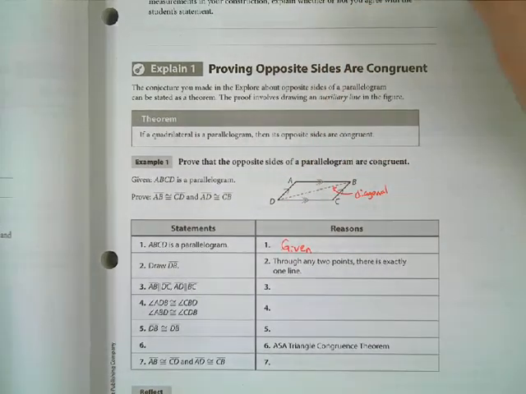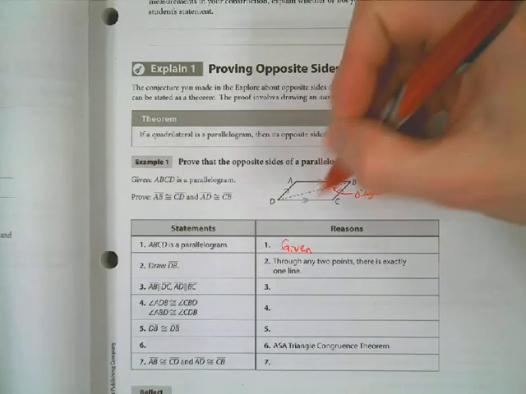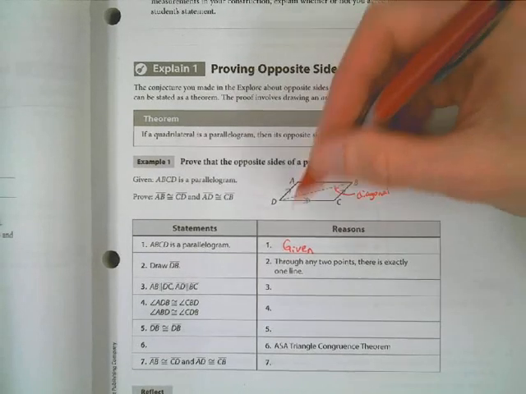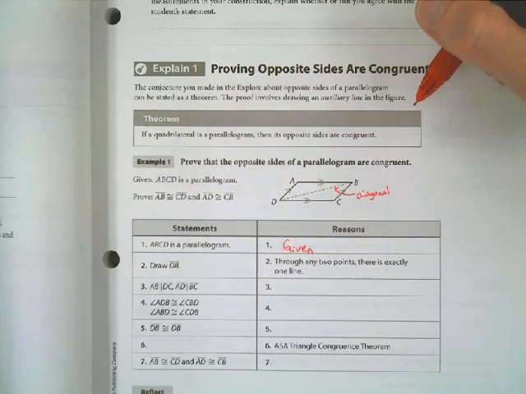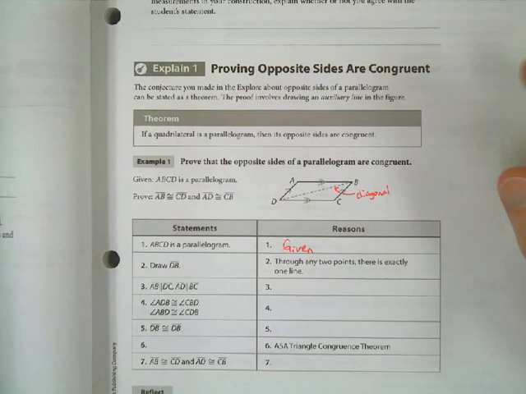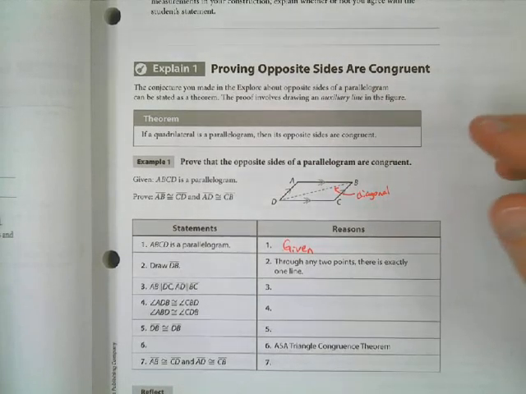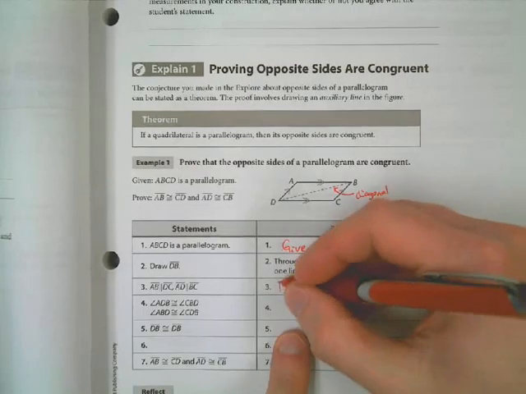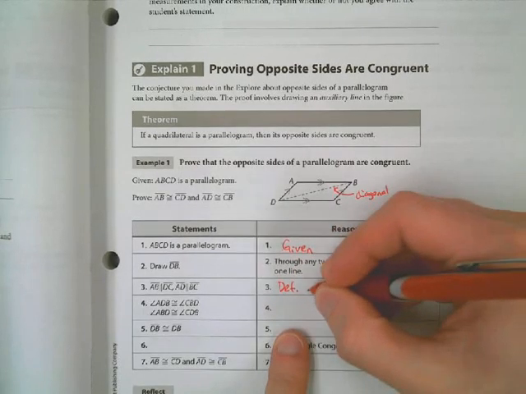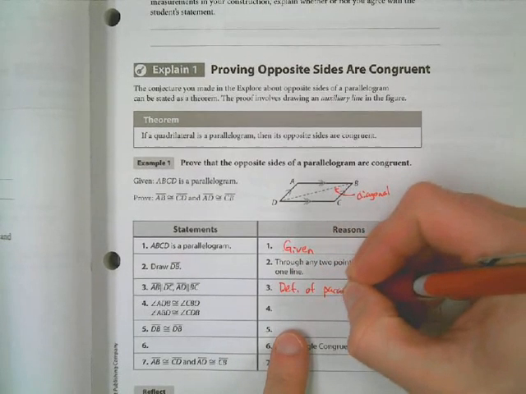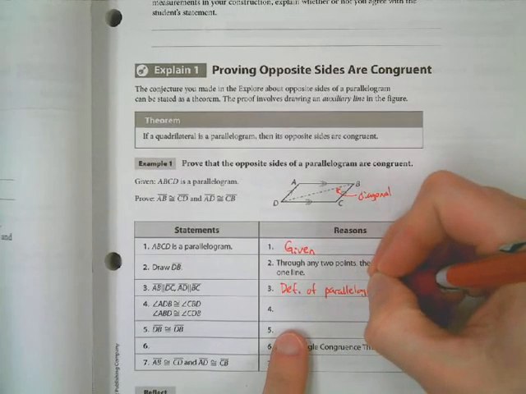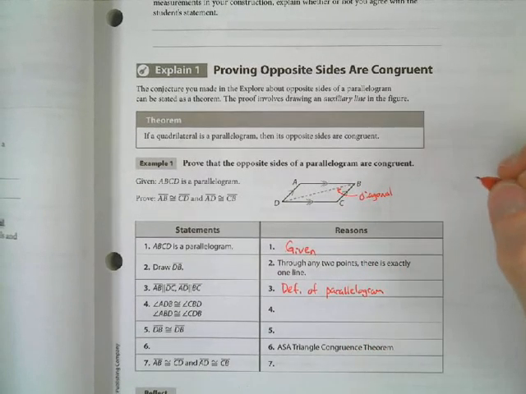What piece of information were we given that told us that? I know it's drawn in the picture, but why were they able to draw in the picture here? What kind of shape is this? It's a parallelogram. Right, and by the definition of a parallelogram, opposite sides are going to be parallel. So this is just the definition of a parallelogram. You got it.